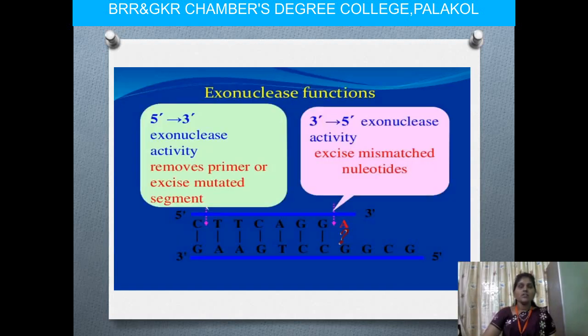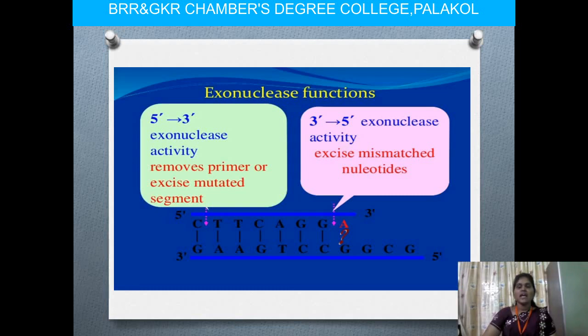So what is the use of exonucleases? 5' to 3' exonuclease activity can remove excess or mutated segments. Primers or excess mutated segments can be removed by exonuclease activity. Then 3' to 5' exonuclease activity can excise mismatched nucleotides.